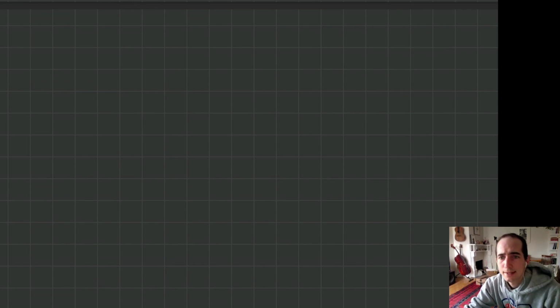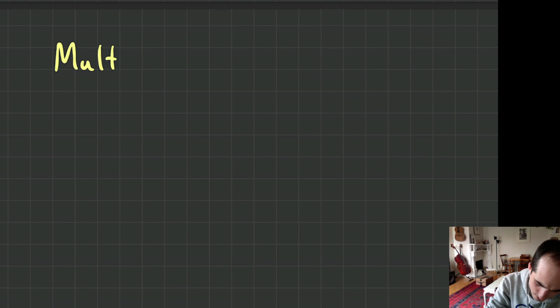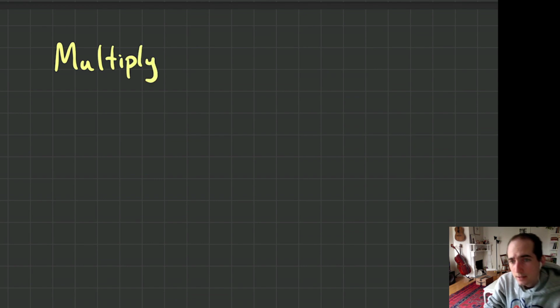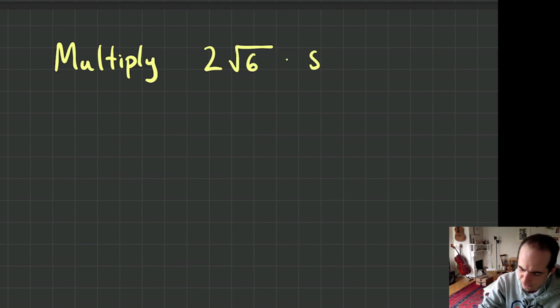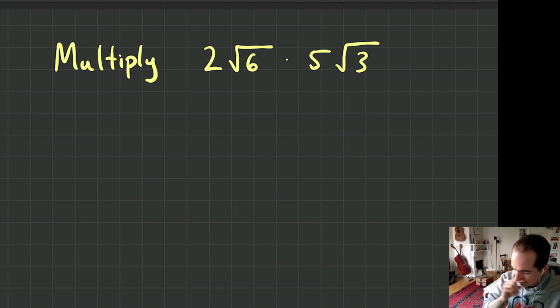So let's go ahead and try this question out. So let's try to multiply. Let's multiply 2 times the square root of 6 times 5 times the square root of 3. Okay?